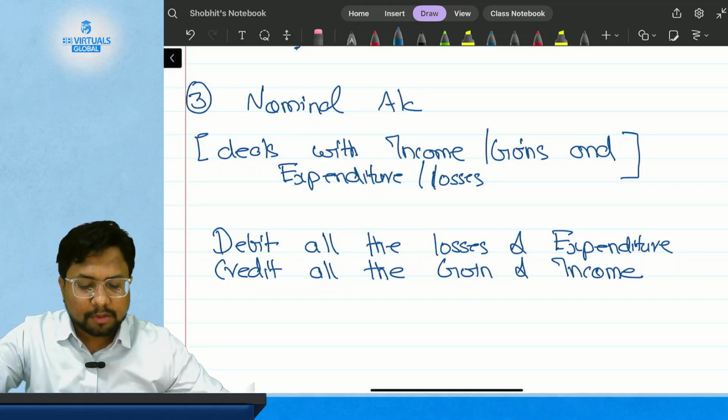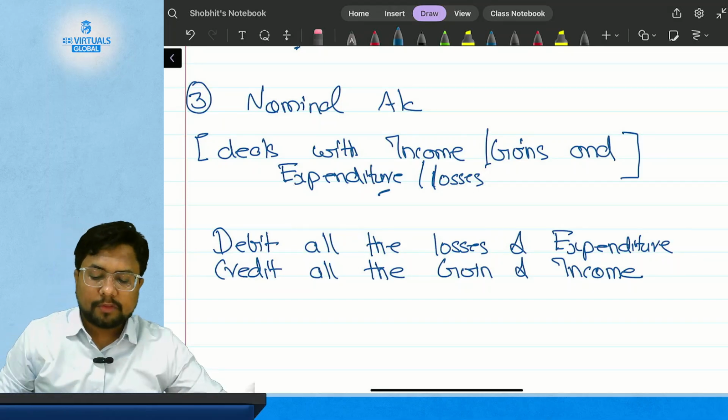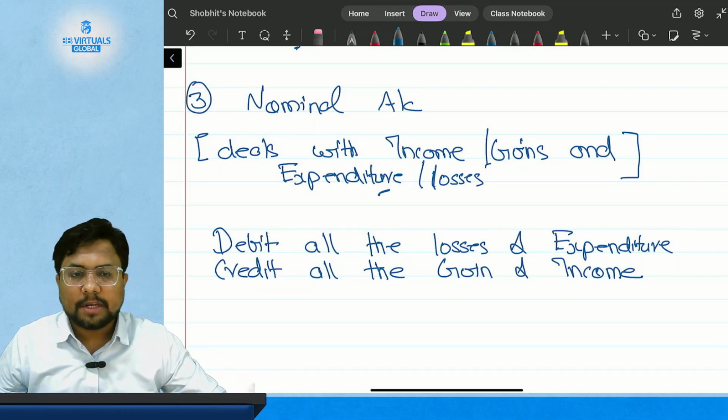So this is the third rule, which deals with income, gains, expenditure and losses, and the rule is debit all the expenditure and losses and credit all the incomes and gains.